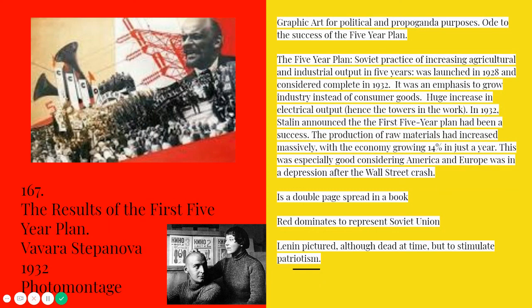The production of raw materials had increased massively. The economic growth was 14% in just 1 year. This was especially good considering during this 5-year plan, what you have happening in America and Europe was the depression after the Wall Street market crash.